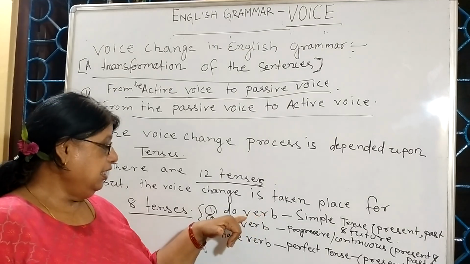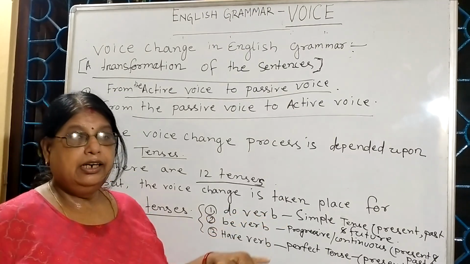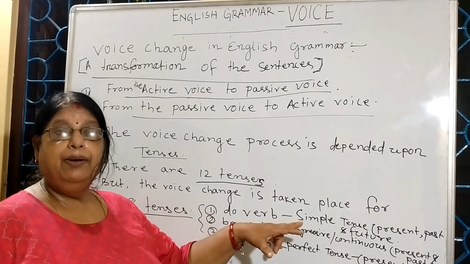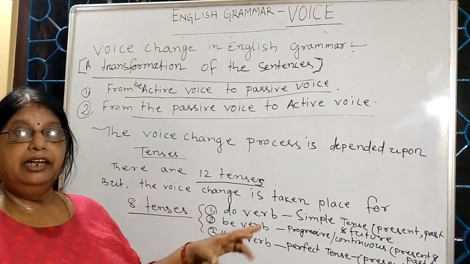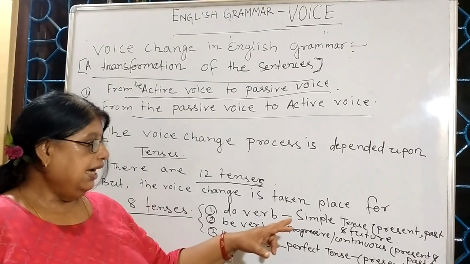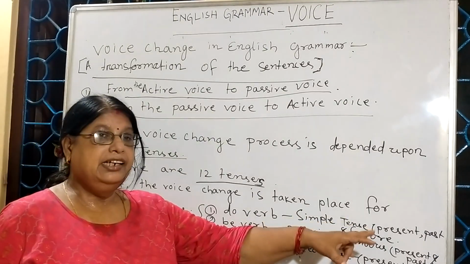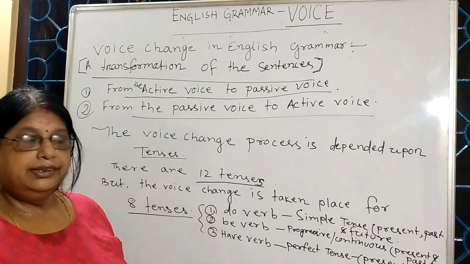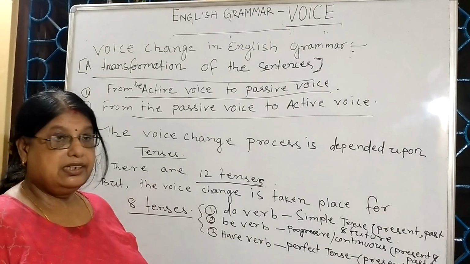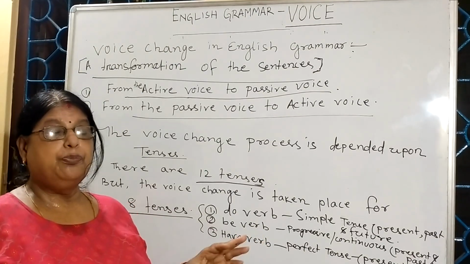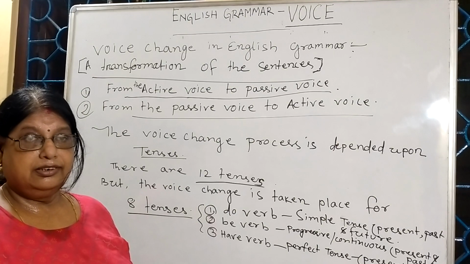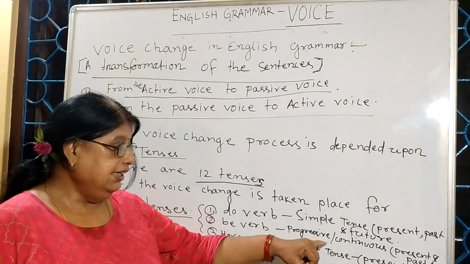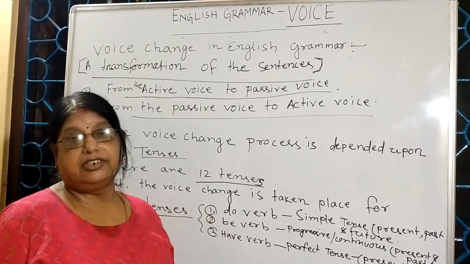That is the do verb, what we already completed, simple or indefinite form, that is present tense, past tense and future tense of simple tense, and continuous or progressive or imperfect form, that is be verb, that is present and past.